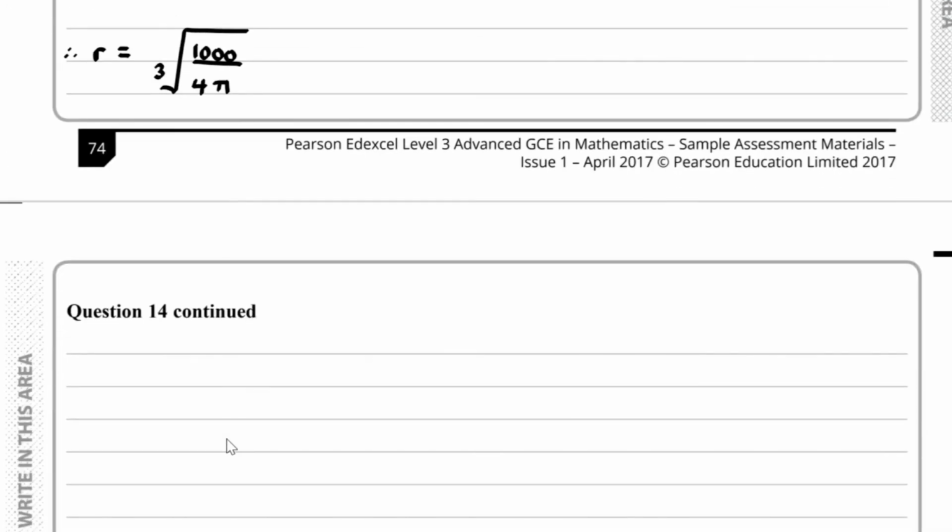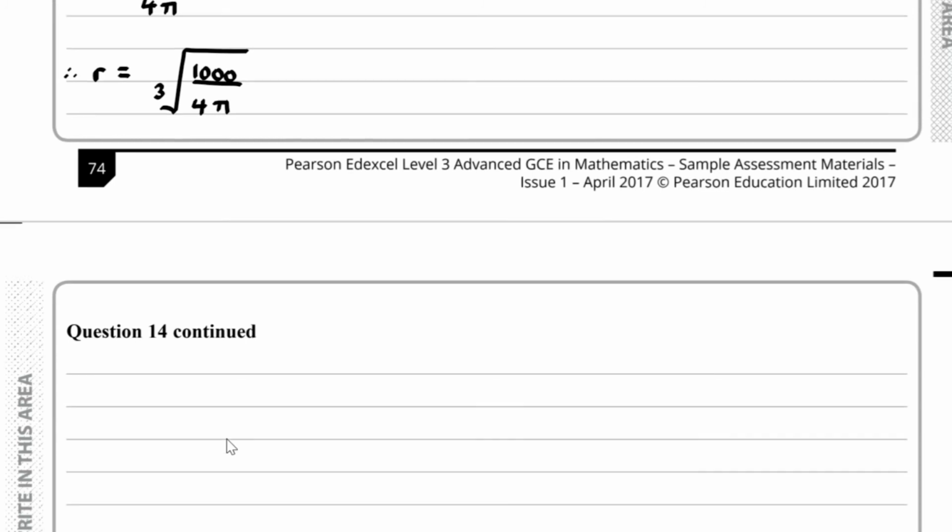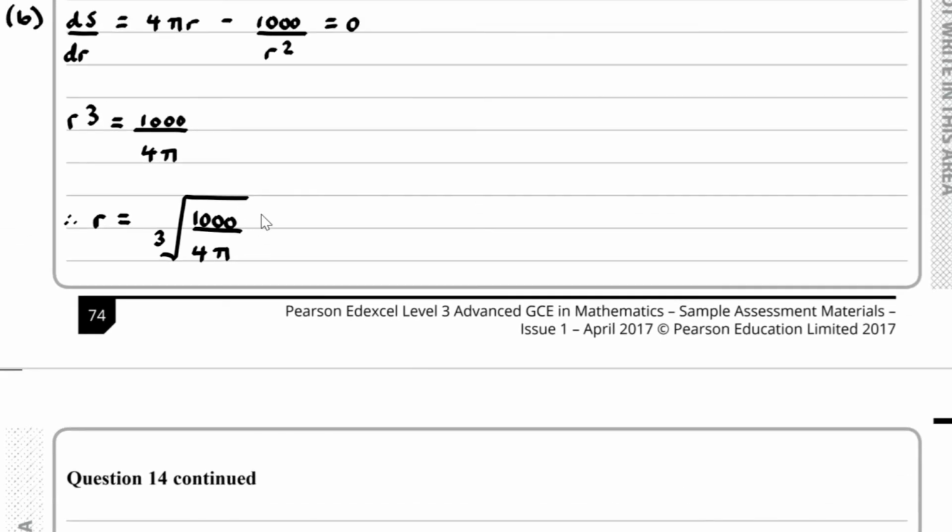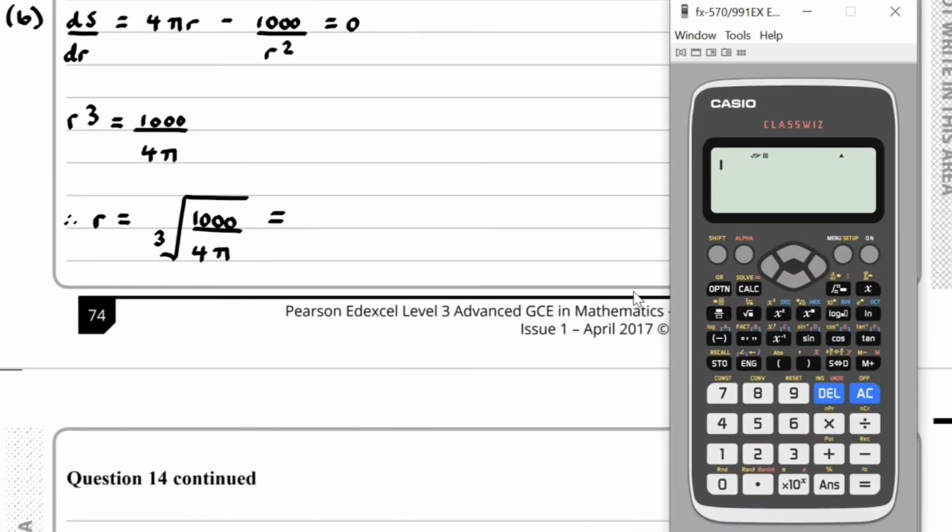So that's what r is. And if I find out the decimal equivalent, I've got the cube root of 1000 over 4 pi, which is 4.30, given to 3 significant figures.